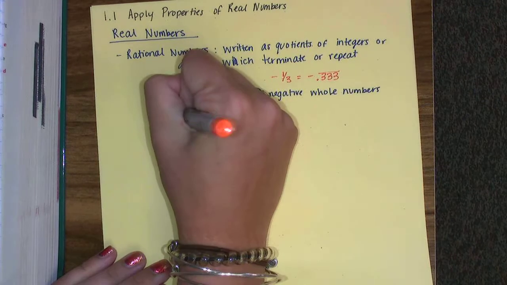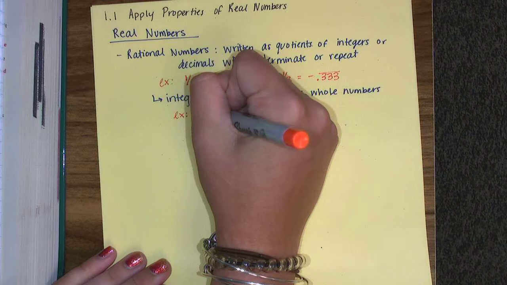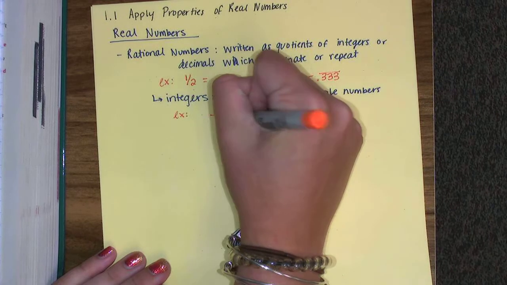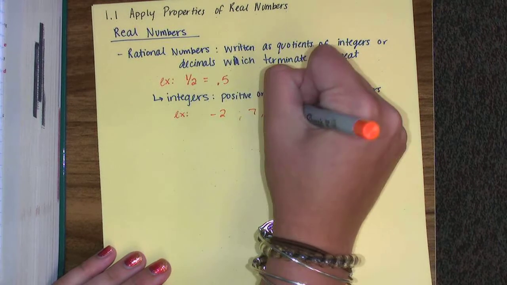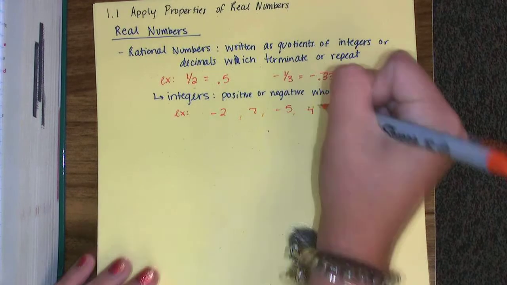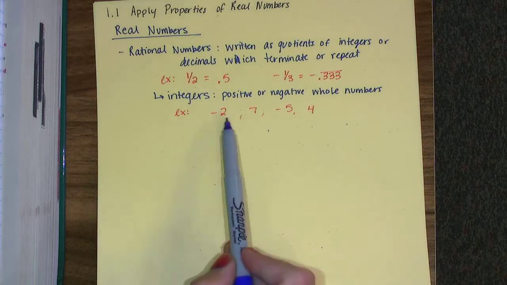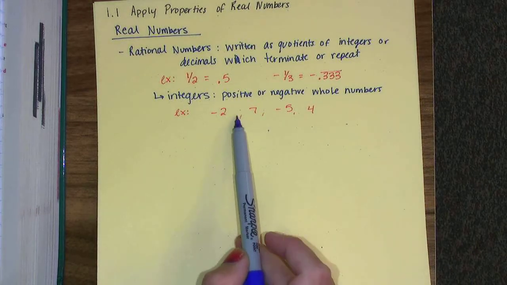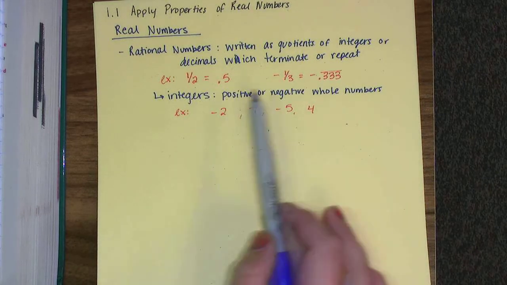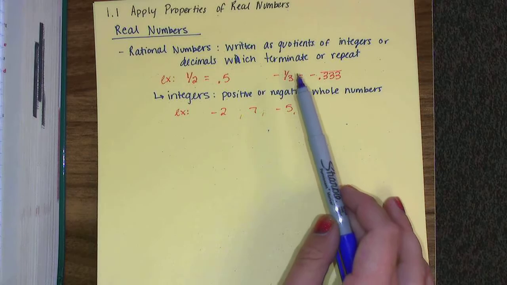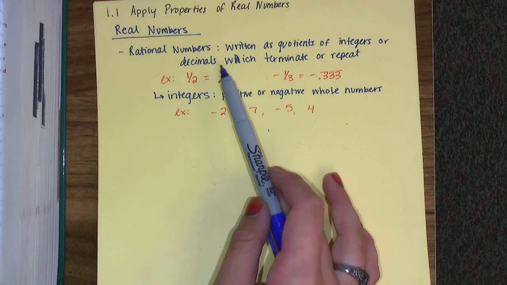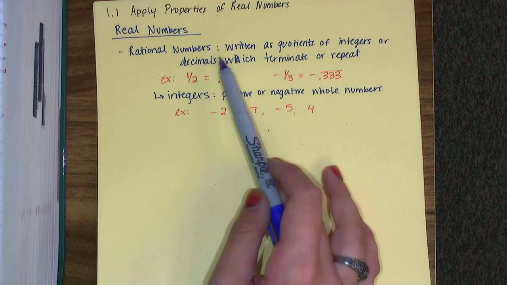So some examples: -2, 7, -5, 4. Any number you can think of that isn't a decimal basically is this. Now, the reason these all fall under rational numbers is because I could have the decimal -2.0 or whatever, and because I have the 0.0 afterwards, it's still considered a decimal, which would terminate, and so it's still a rational number.